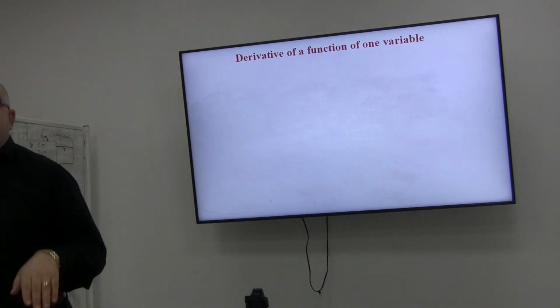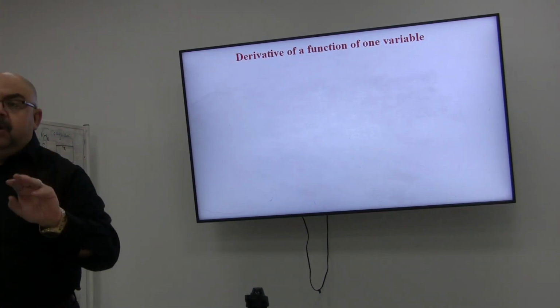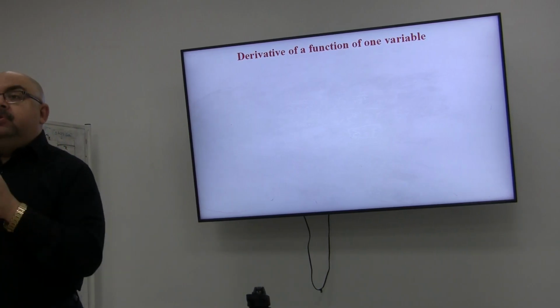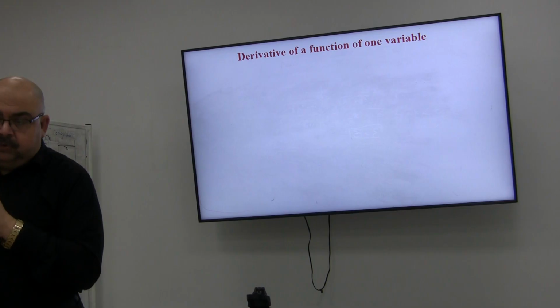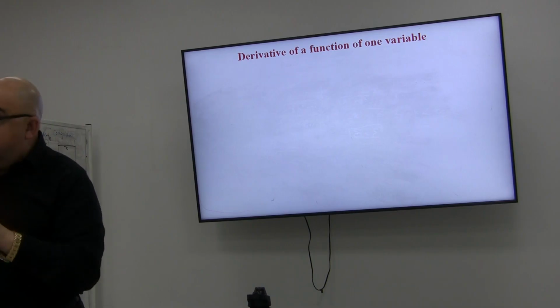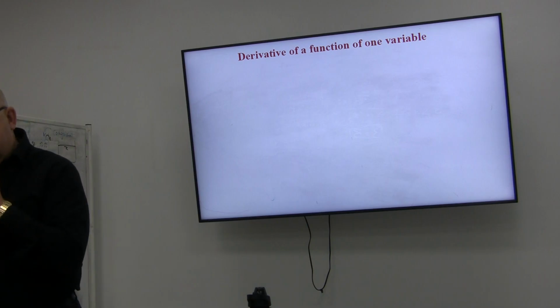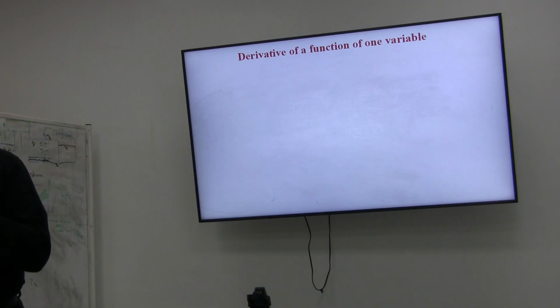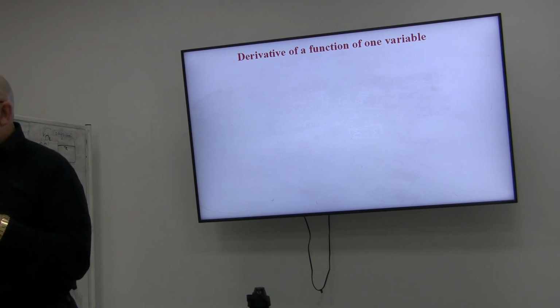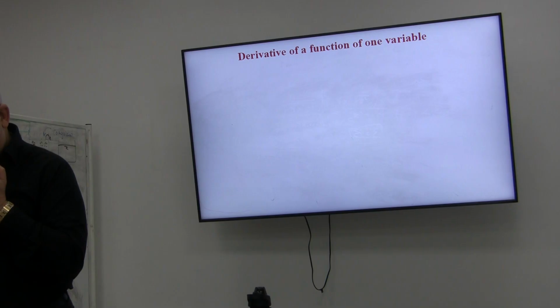Let me stop for the time being, but I want you to follow up with me. From the beginning of our course, we have introduced the functions in one variable and in several variables. This is number one. After that, we spoke about various types of coordinate systems, which are Cartesian and polar in 2 dimensions, and in 3 dimensions, spherical and cylindrical coordinates.